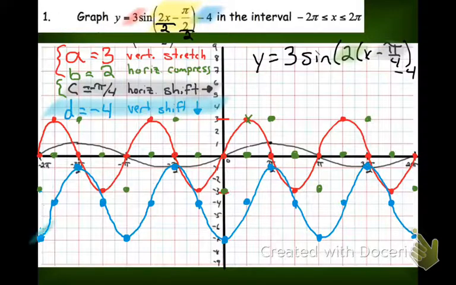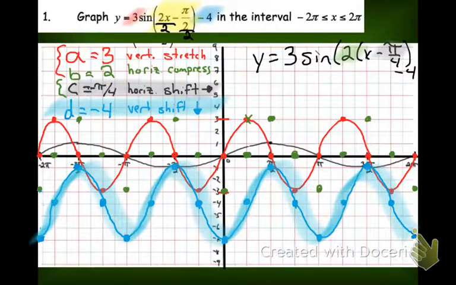So your final answer is actually this blue line down here, doing that beautiful curve. And you should definitely make sure that you label it y equals 3 sine parentheses 2x minus pi over 2 minus 4.